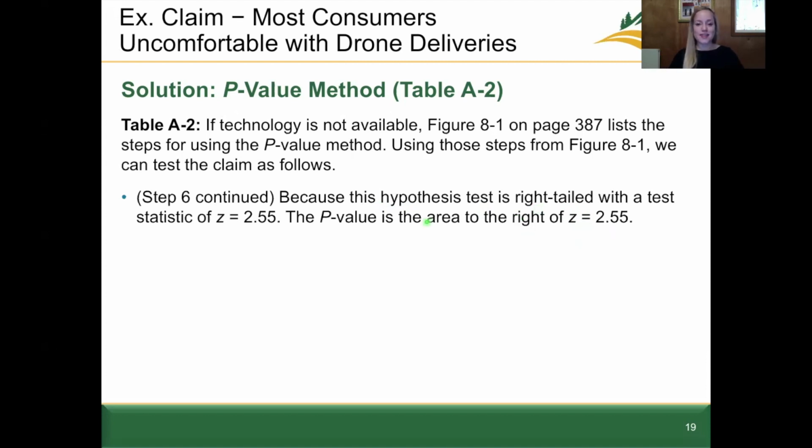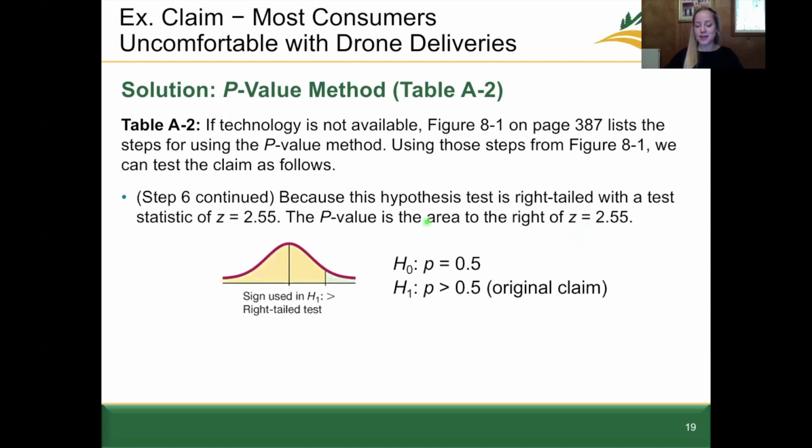Now, why is this considered a right-tailed test? Well, remember to figure that out, we can go back and look at the notation that's in our alternative hypothesis. Here's this image we've seen before for a right-tailed test. If you want to go back to 8.1, you can also see the images for a left-tailed test and a two-tailed test.